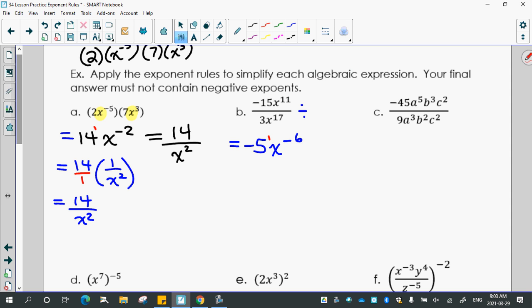And then I'm going to check. What is the exponent on negative 5, or on 5? Positive 1. So the negative 5 can stay in the numerator. What's the exponent on x? Negative 6. So it's going to move to the denominator, and the exponent becomes positive.